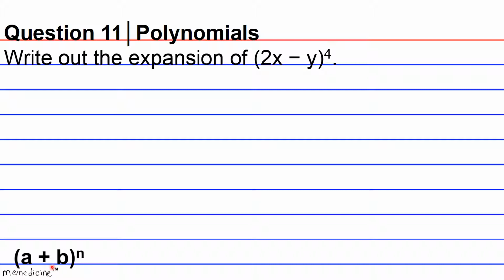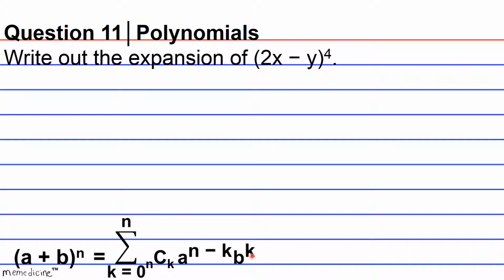Okay, so there's a formula for expanding a power of a binomial, and it's written here in summation notation. So it's going to be the summation from k equals 0 to n of n choose k times a raised to the n minus k times b raised to k.